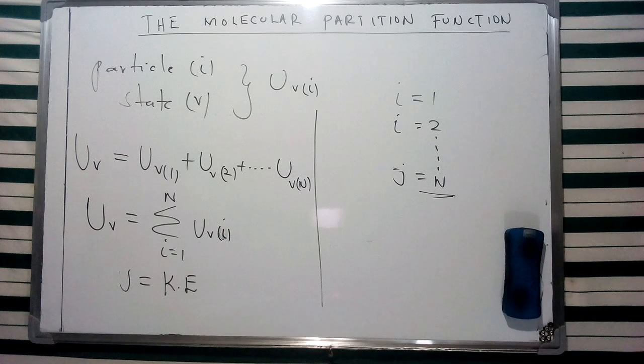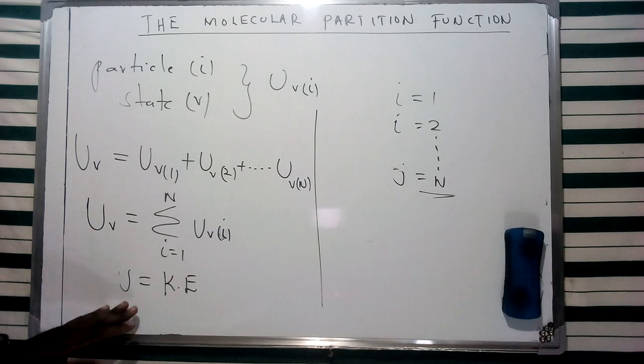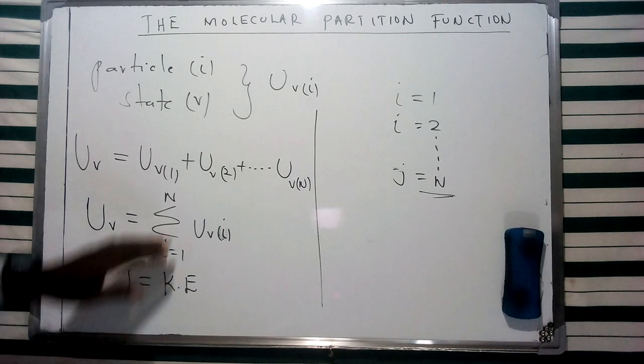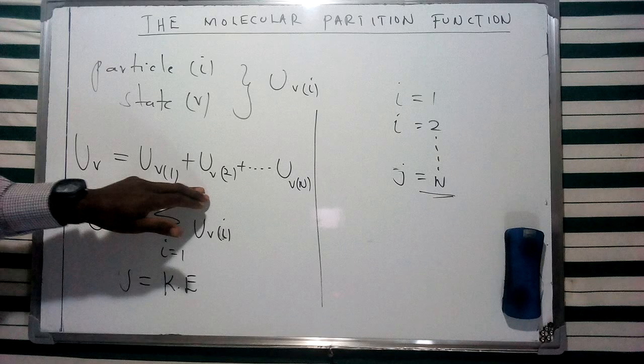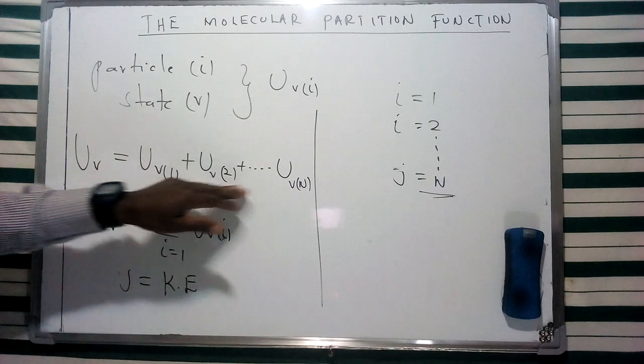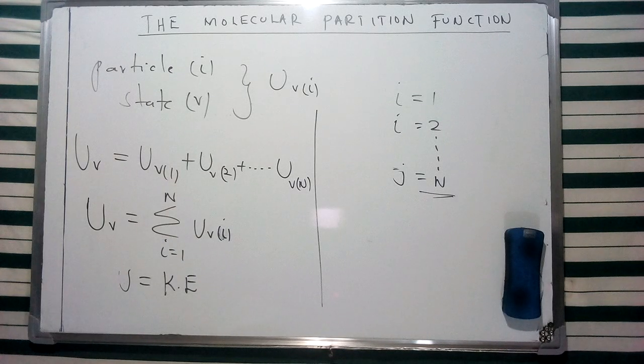And we're going to see that this can be given in terms of a partition function of individual energy states, described in terms of these individual states which I've given, UV1 up to UVn.